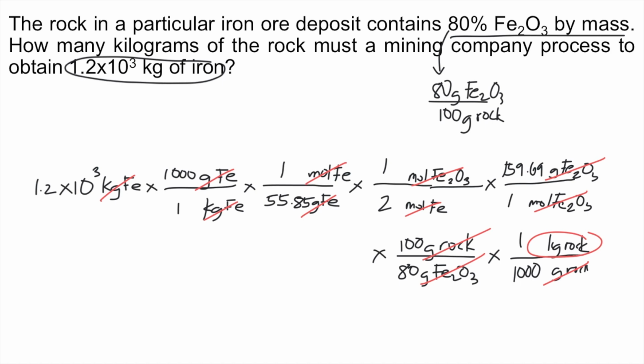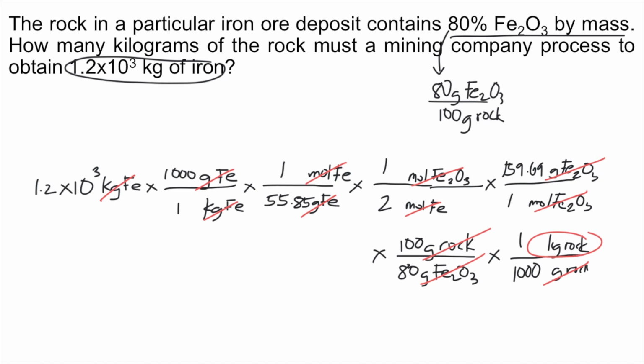So now that we have the final unit, all you have to do now is to solve everything in your calculator. Okay, so let me guide you in this. So that's 1.2 times 10 to the 3. You multiply that by 1,000 divided by 1. You multiply that by 1 divided by 55.85.